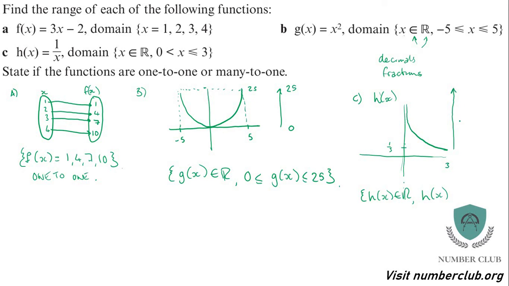This goes up as high as it could ever go, so we'll go with is greater than or equal to 1/3, and no further restriction than that. Could be anything provided it's bigger than 1/3. That there is a 1-to-1, and based off of the restriction it becomes a function. By the way, this one was many-to-1.